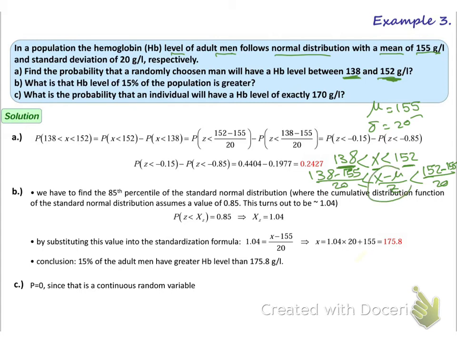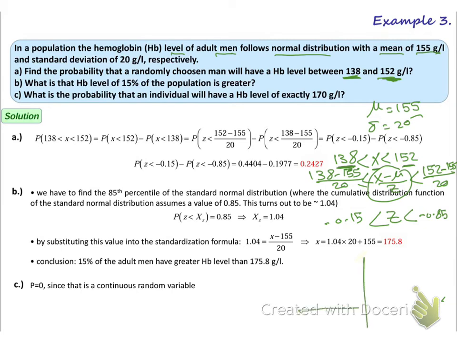So X minus mu over sigma will be Z, okay. If we calculate this, how much will it be? It will be minus 0.15, okay, and this one will be minus 0.85. Okay, so both of them will be negative.